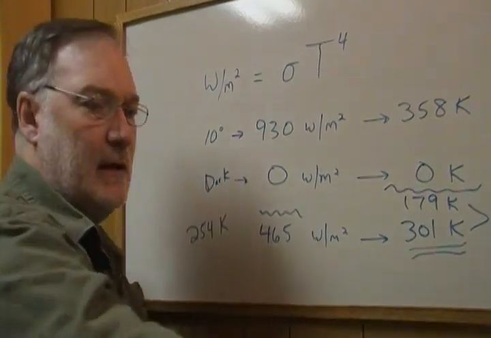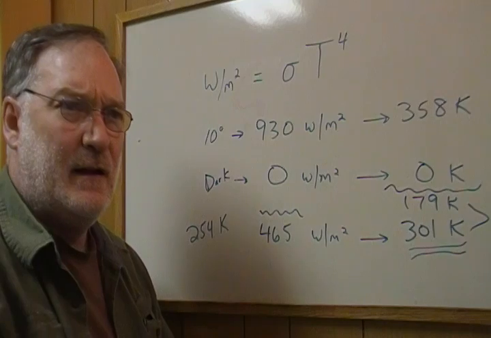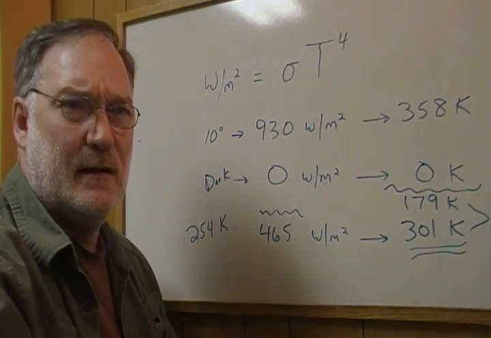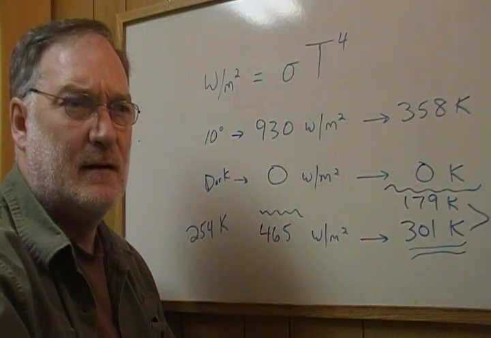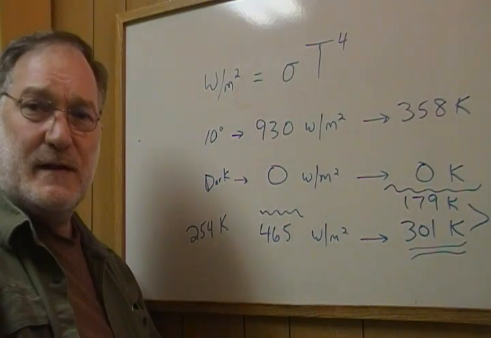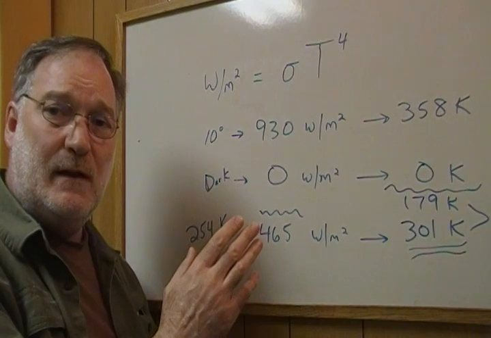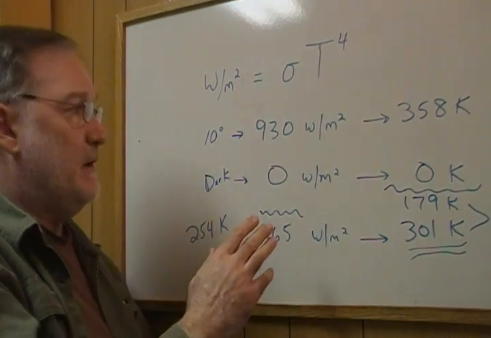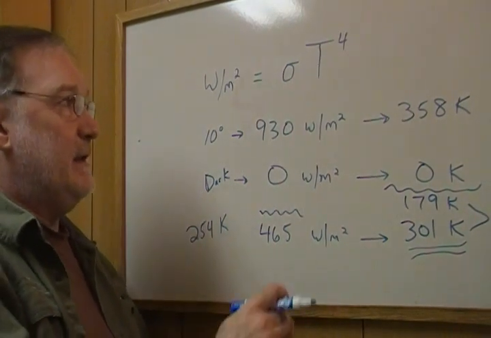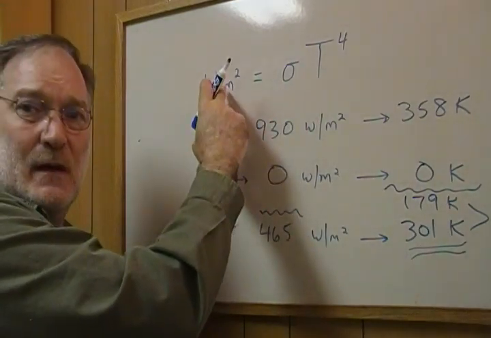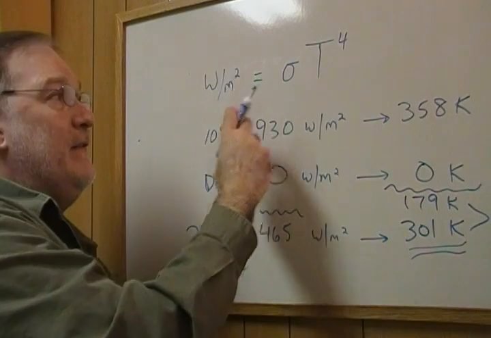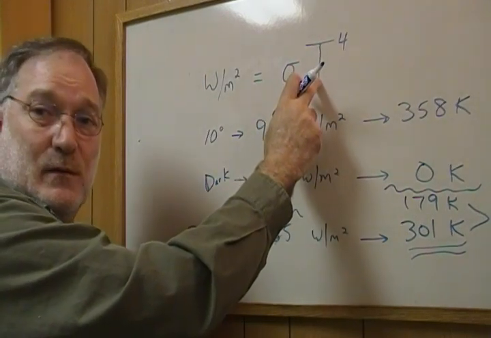So this is a calculation method error, and it's based on the idea that you cannot take the average of fourth powers and derive an average of the roots.